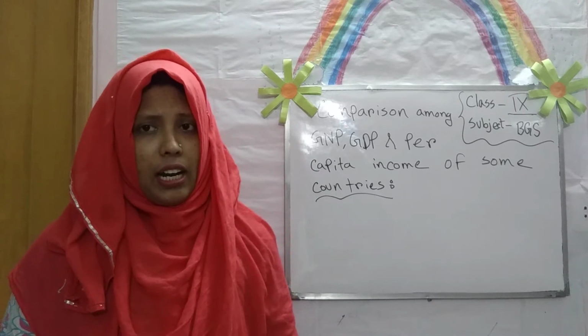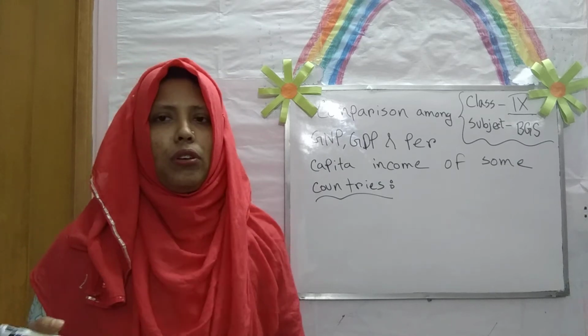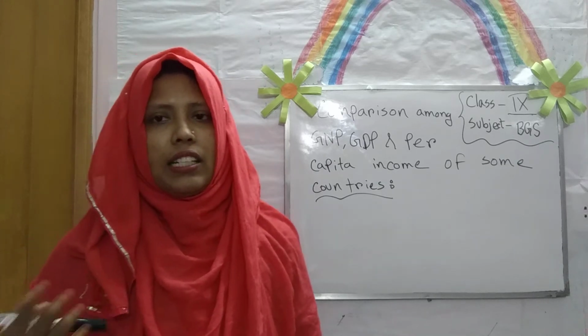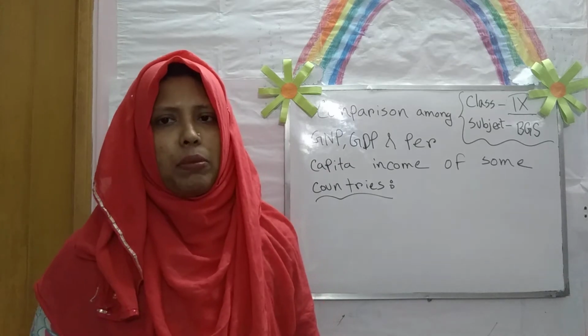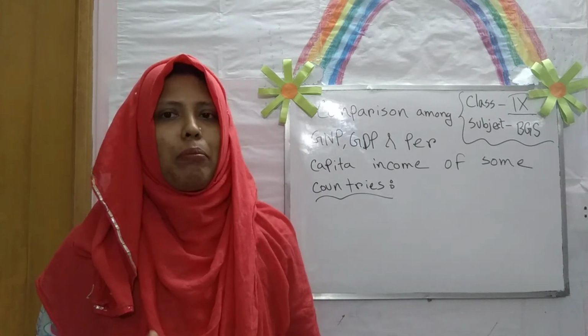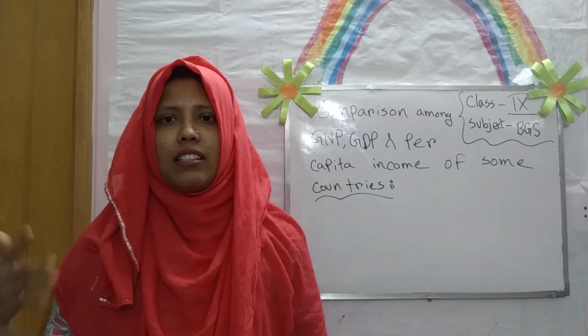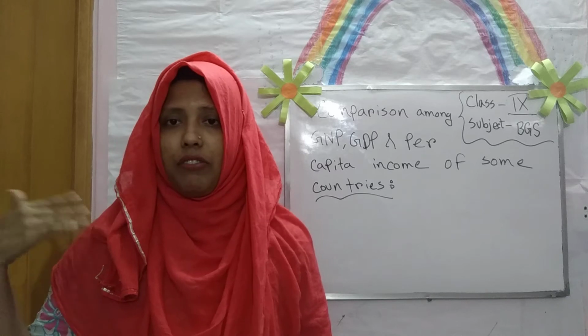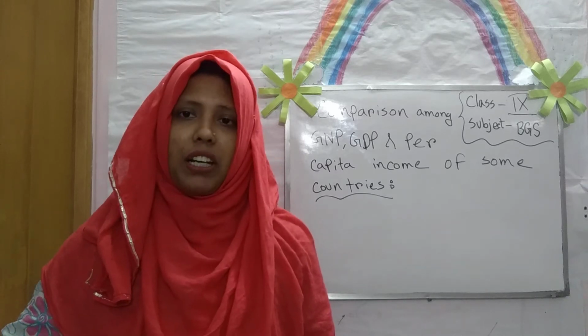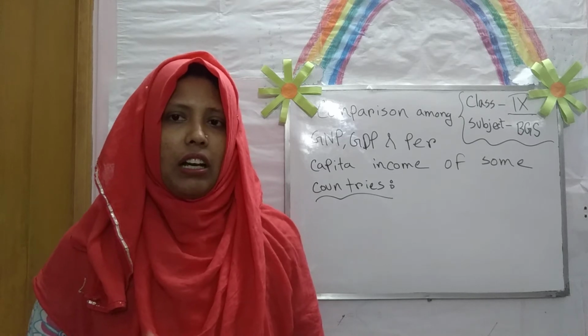We already learned about GDP, GNP, and per capita income. We know Bangladesh is a developing country, and the per capita income of Bangladesh is not so high. But in our world, many countries have very high per capita income, and many countries have per capita income less than our country.